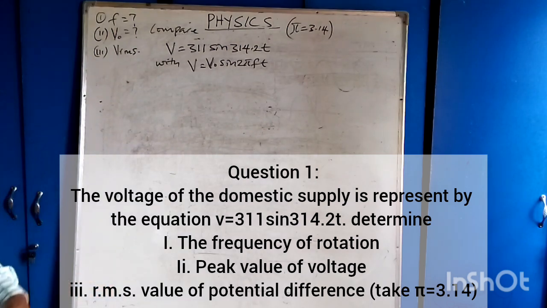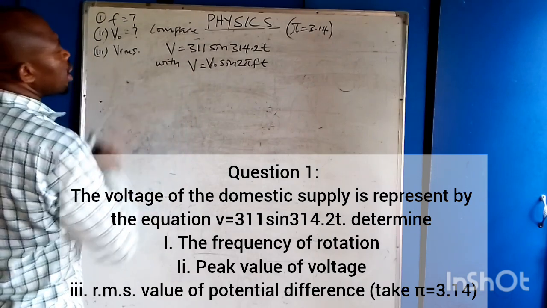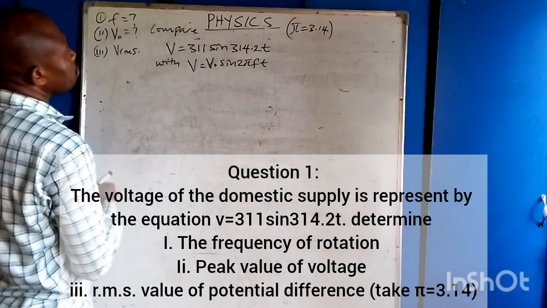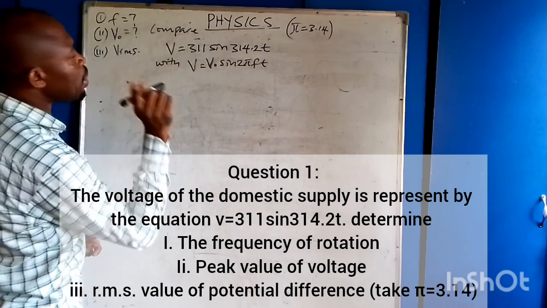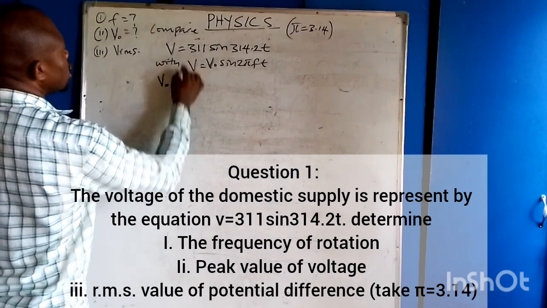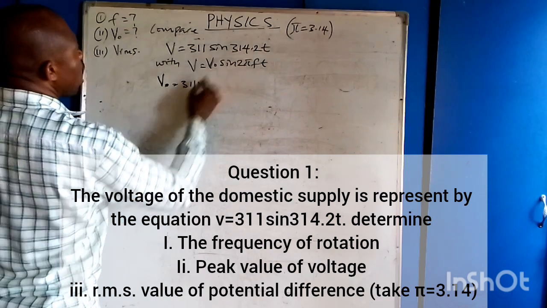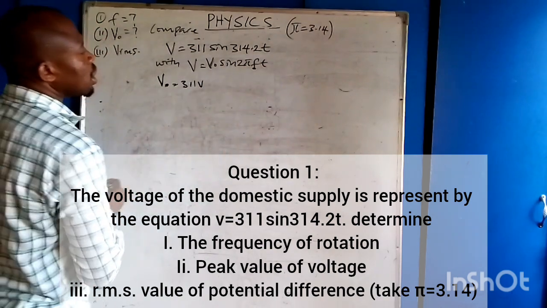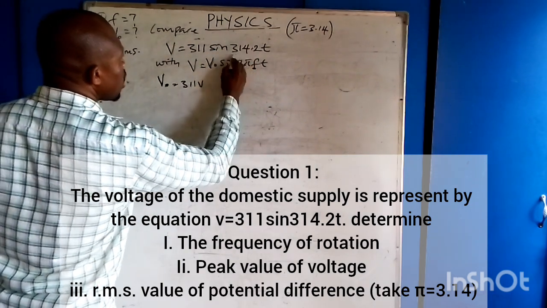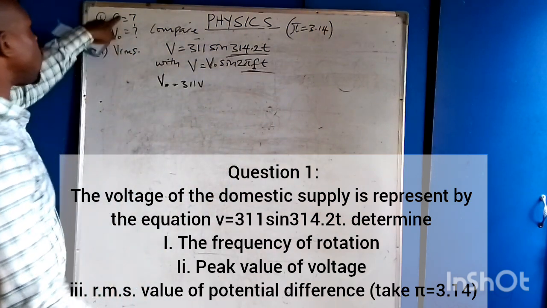From the comparison, V here is the instantaneous voltage, and V naught, which is the amplitude voltage, is this. So V naught is 311 volts. Now we are looking for the frequency, so we equate these two. If we equate these two, we can find our frequency.